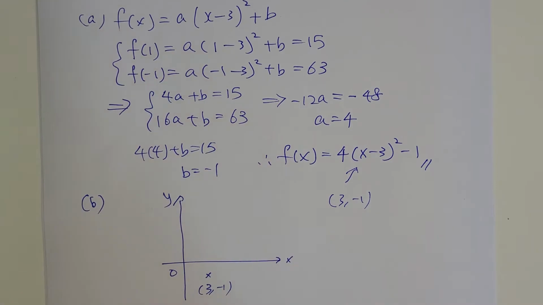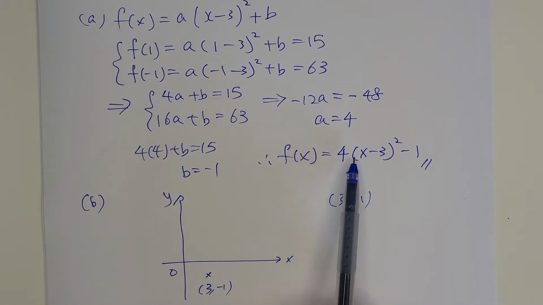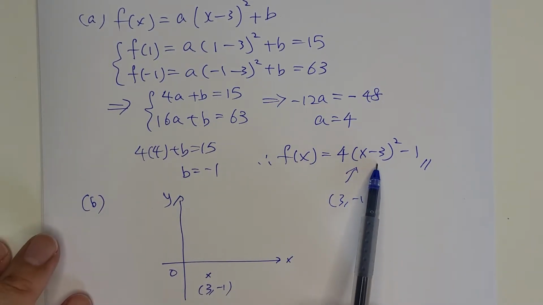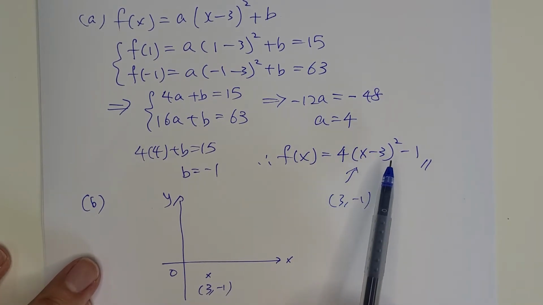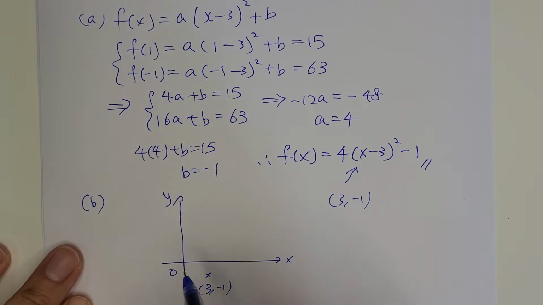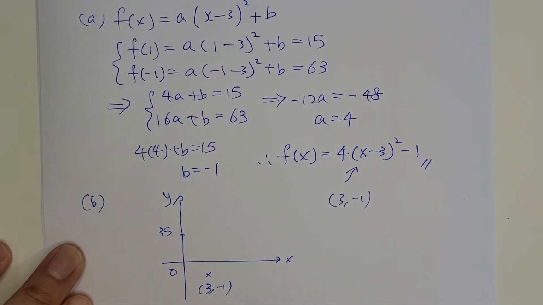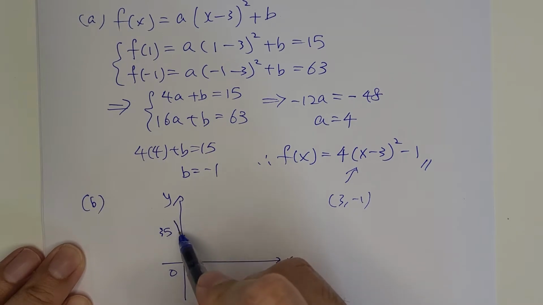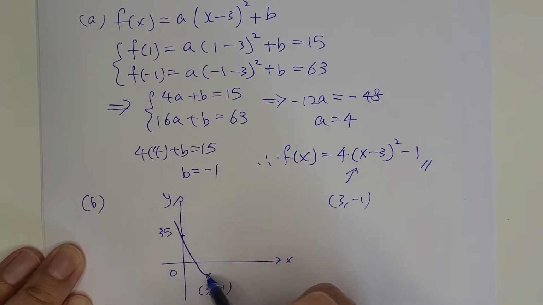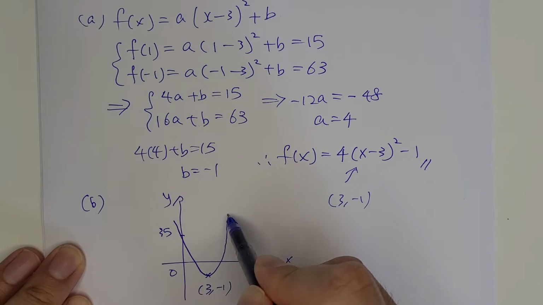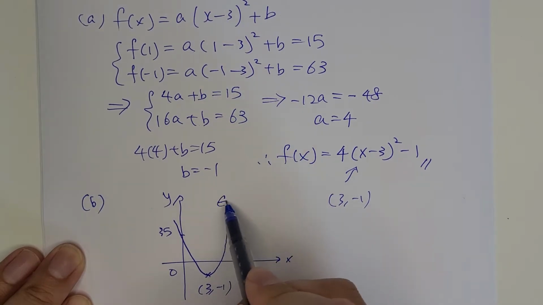That means f(0), which is 4 times (-3) bracket square, that's 9. So 4 times 9, that's 36, and then minus 1. So you get 35. And you know the graph will cut the y-axis at 35, and the vertex is (3, -1). So you know that that is g1.